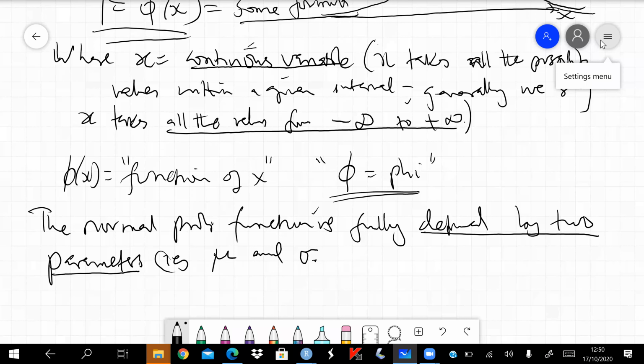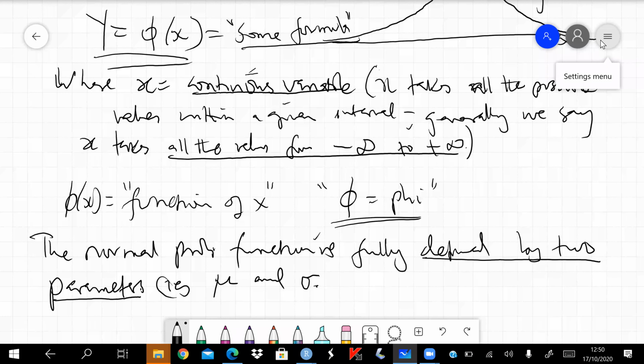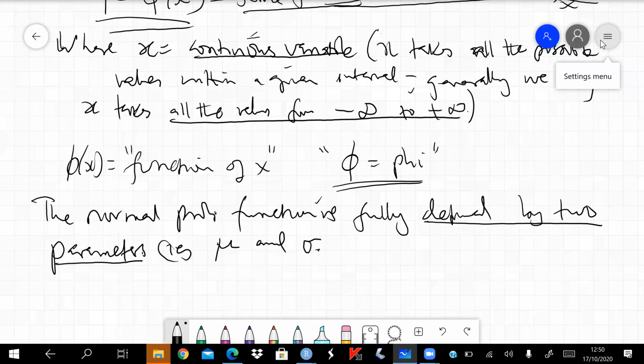In other words, this formula contains these two parameters. If you remember, for the binomial distribution to be fully defined, you needed n and p. For the Poisson to be fully defined, you need only one parameter.